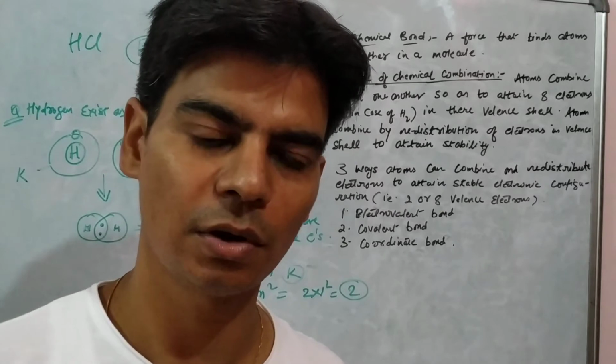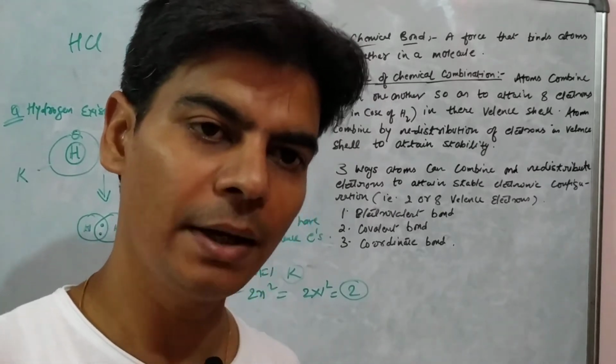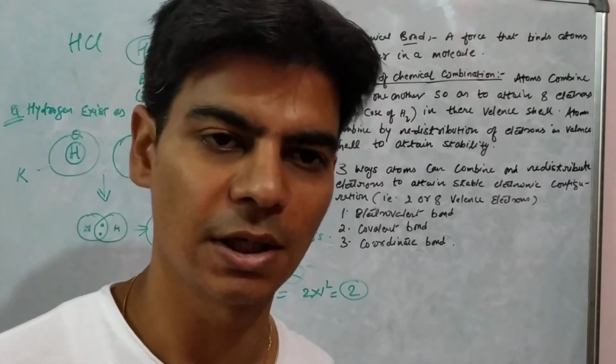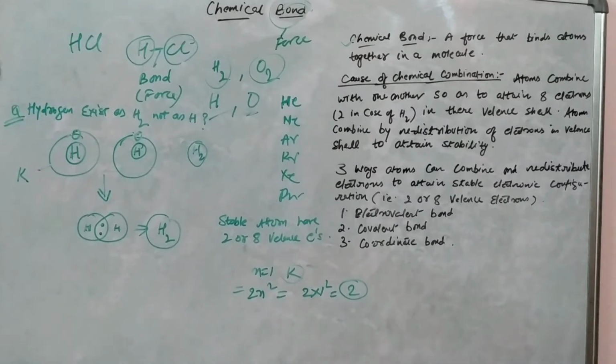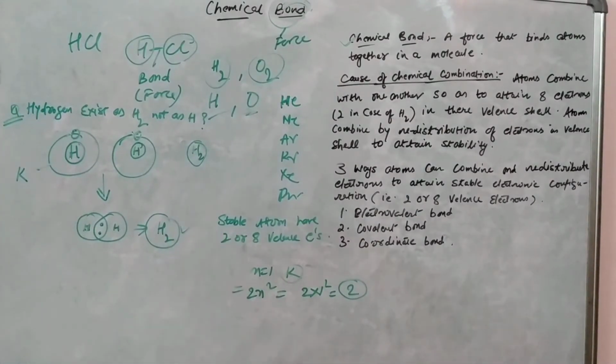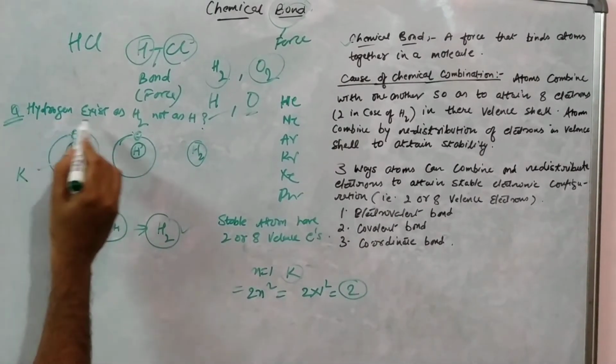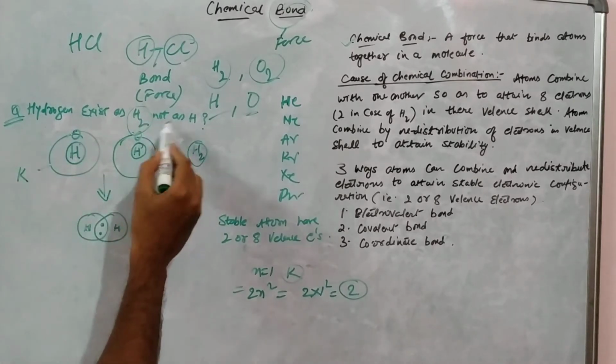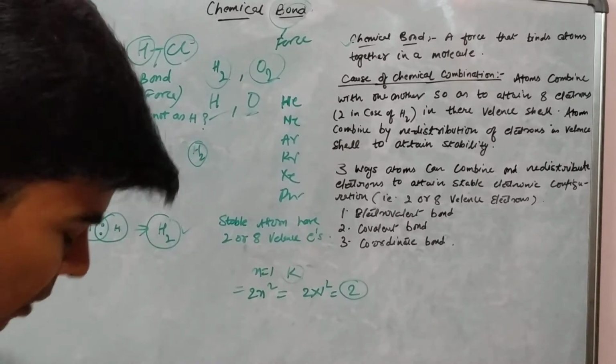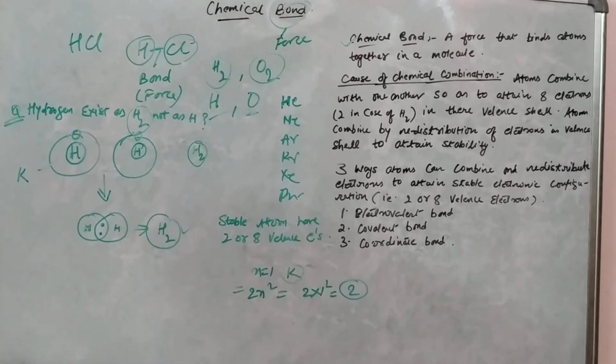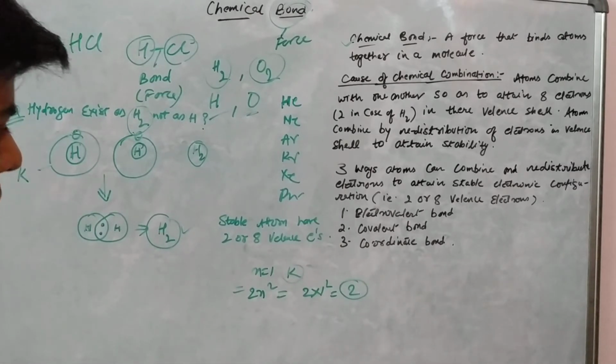By stable electronic configuration we mean to acquire 2 electrons in its outermost shell, right. So we got the answer, hydrogen exists as H2, not as H, to acquire stability and to acquire 2 electrons in its outermost shell.